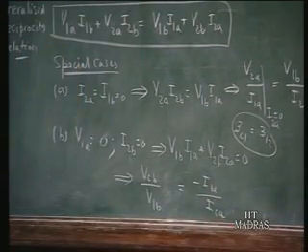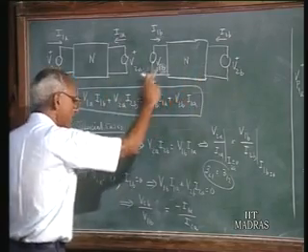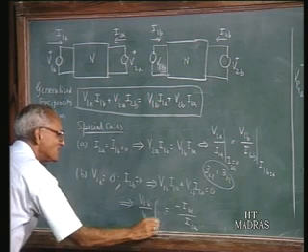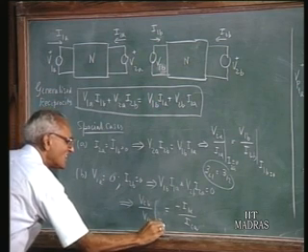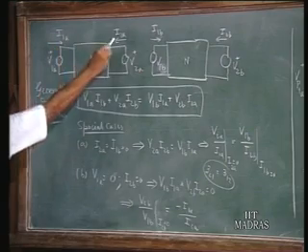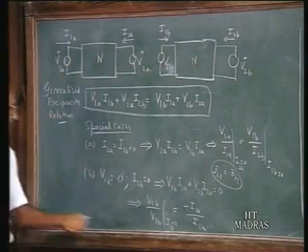Now under what conditions? You are measuring V2B divided by V1B under the condition I2B is 0, and you are measuring I1A by I2A under the condition that V1A is 0.